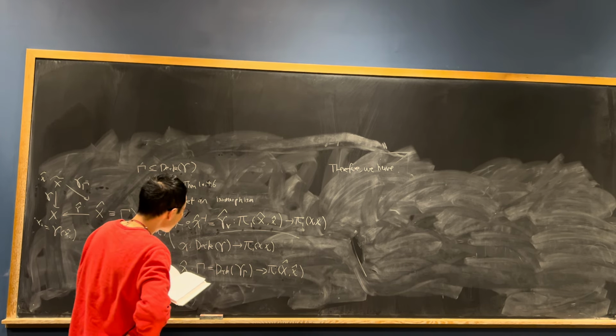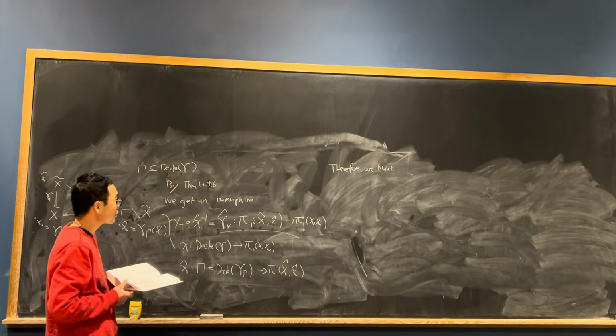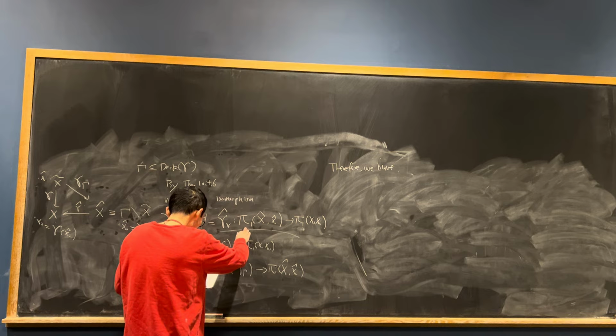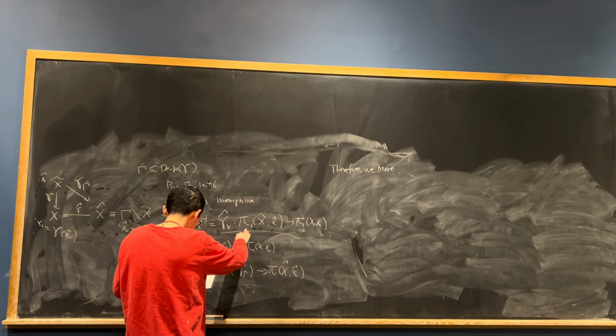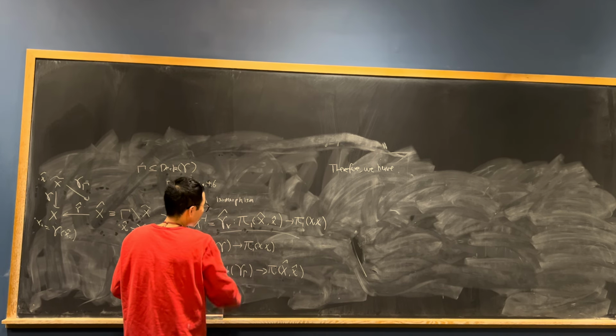So we are trying to show that this maps pi 1 of x hat at x naught hat isomorphically onto gamma.